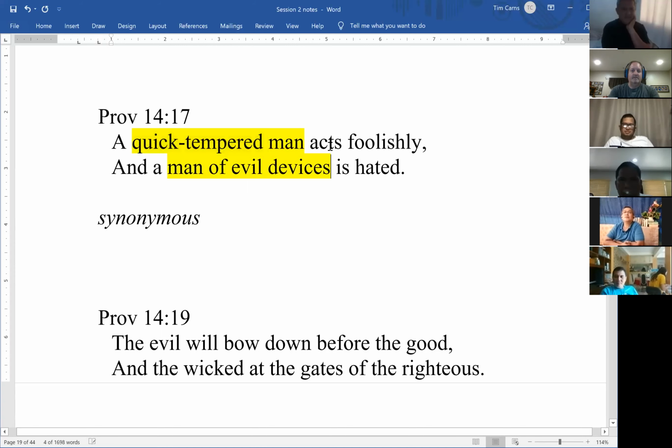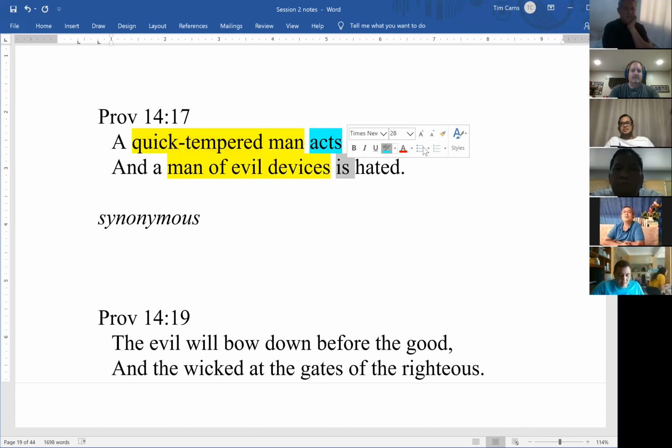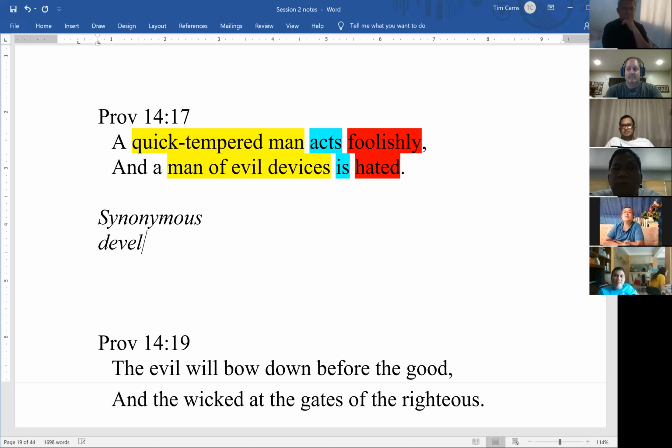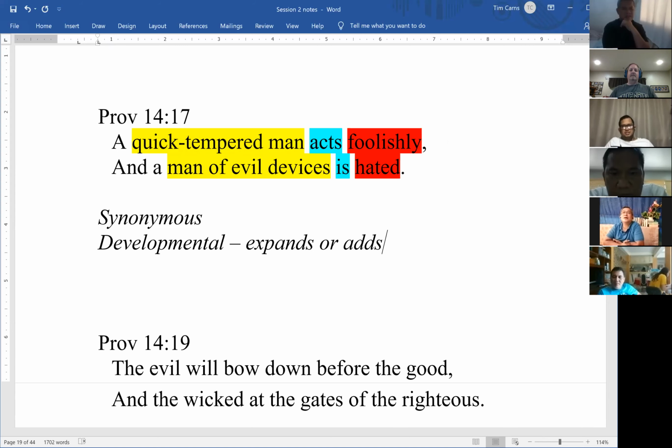Acts. It's developmental. Yeah, I think so. Why is that? Addition. It's hated. It's not synonymous. Developmental, and what kind? Addition. It seems to be adding something to it, right?